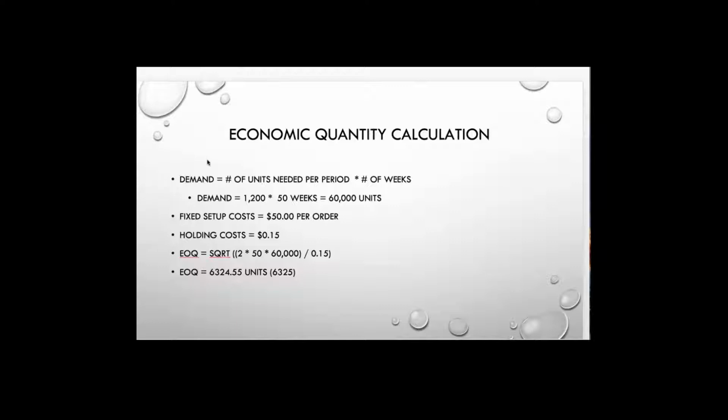Now, EOQ, once again, is our optimum order quantity based upon our setup costs, our holding costs, and our demand over a certain period. And once again, the constraints are such that all of these are known and constant.